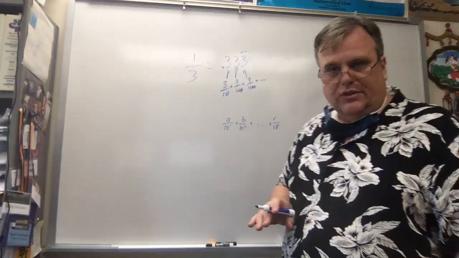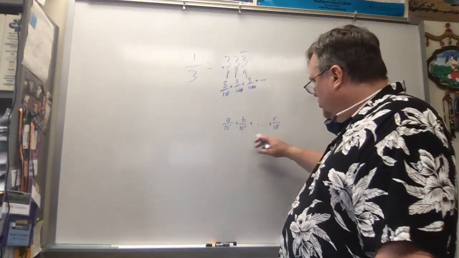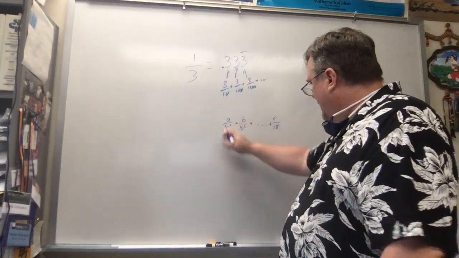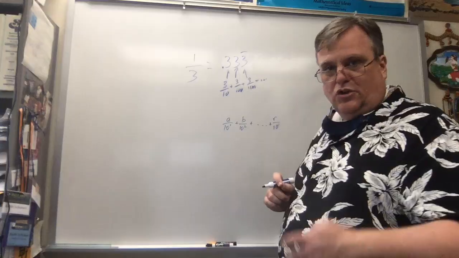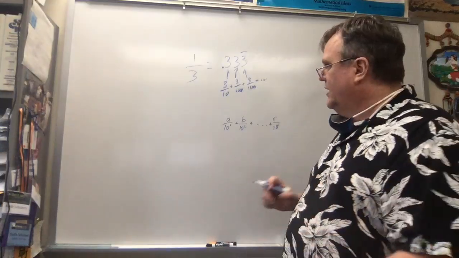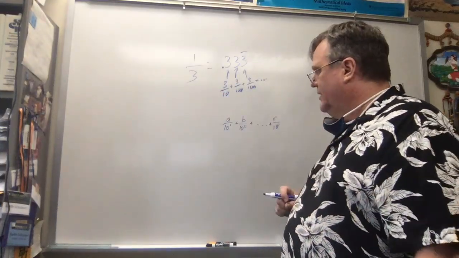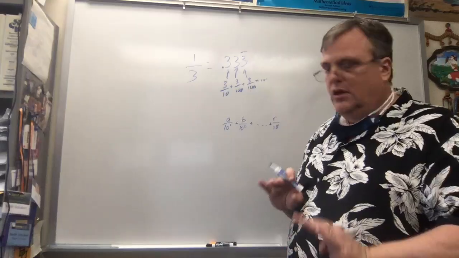So in any case, it would have to be expressed as a finite number of these. That would mean when I'm calculating my fraction, it has to expand out. Does that make sense? Okay.